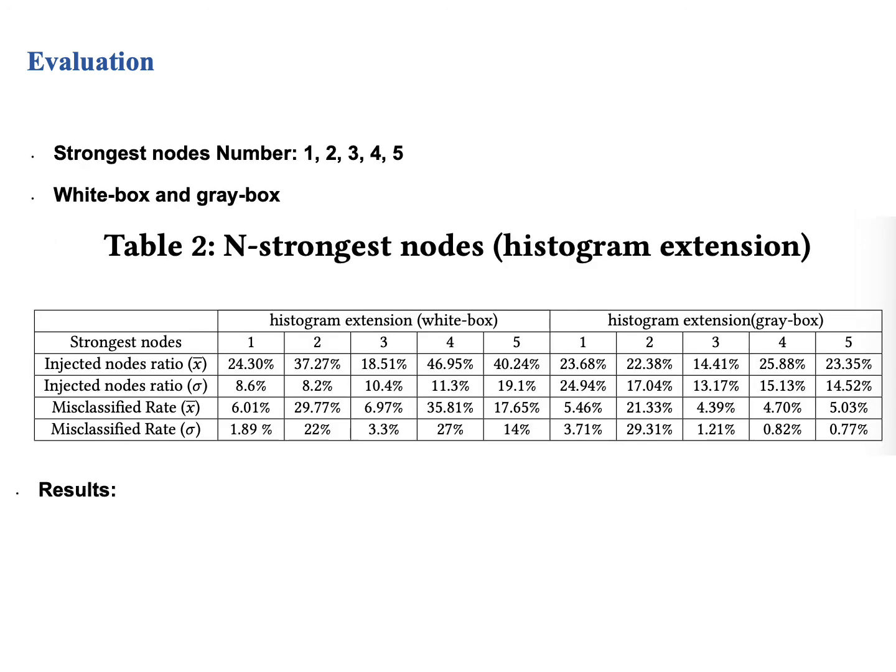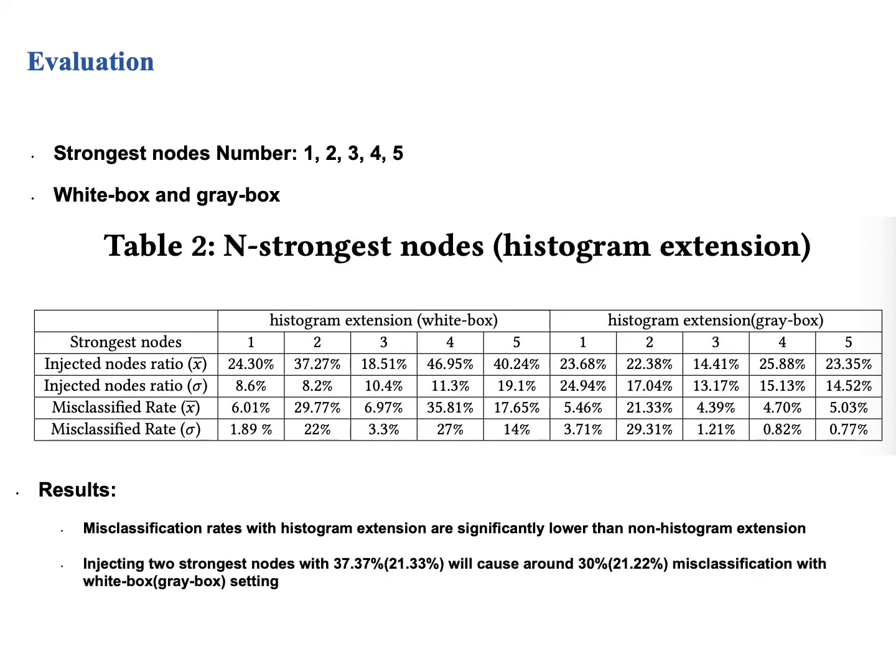Again, we test our work with the instruction node method in the histogram extension situation. In this situation, we can see that the misclassification rate with histogram extension is significantly lower than with no histogram extension.